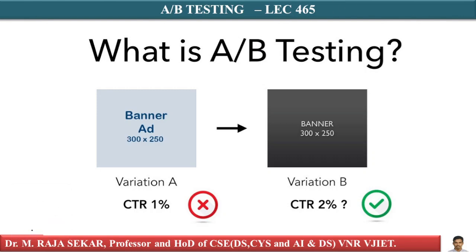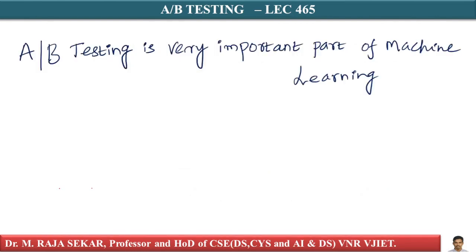In this lecture, we will try to understand A/B testing. A/B testing is a very important part of machine learning and in general science. We will discuss a couple of examples of where A/B testing is used in the real world. It's a very important part, as important as modeling itself.